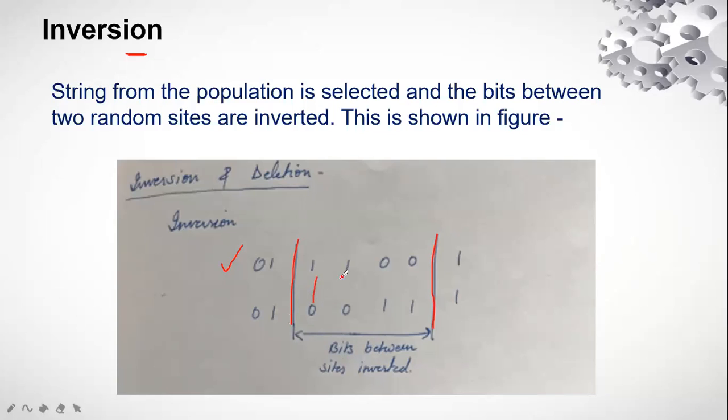So for 1 it is 0, for 1 it is 0, for 0 it is 1, and for 0 it is 1. I'm going to keep the 0, 1 the same as in the earlier one, and the last 1 is again remaining the same. So I'm just inverting the bits which fall between the two randomly selected sites. This is what we have written: a string from the population is selected and the bits between two random sites are inverted.